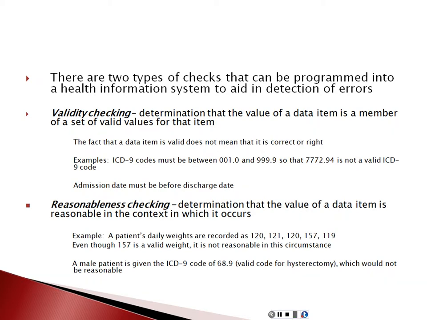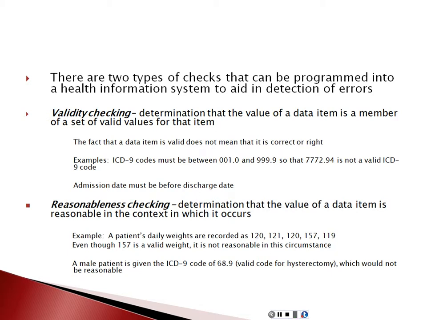So an example of this is, as I was mentioning a minute ago, you have an ICD-9 code. You're entering a code into an information system. ICD-9 codes, just by rules, have to be between 001.0 and 999.9.